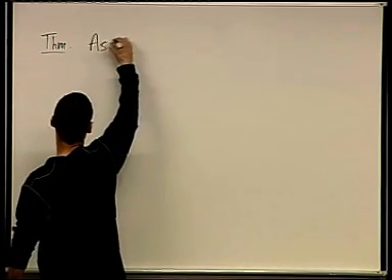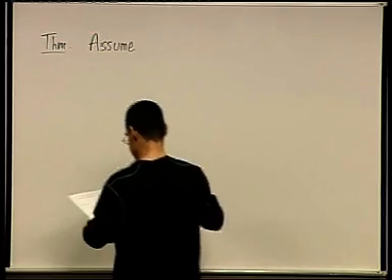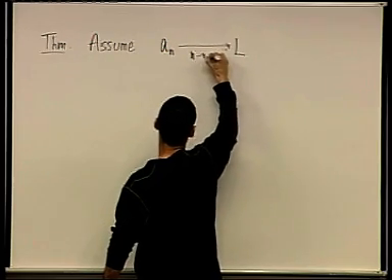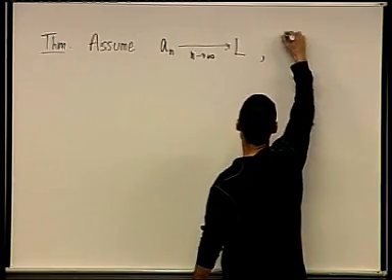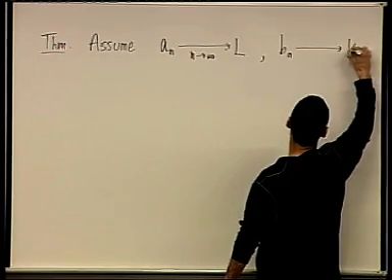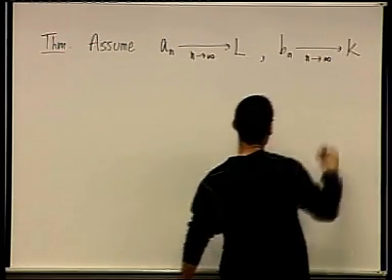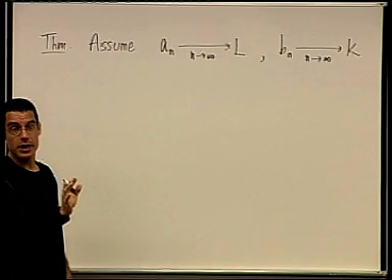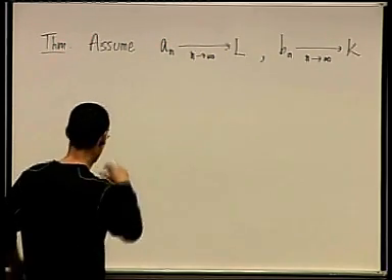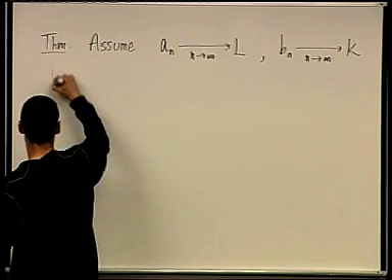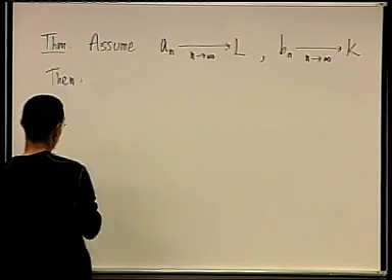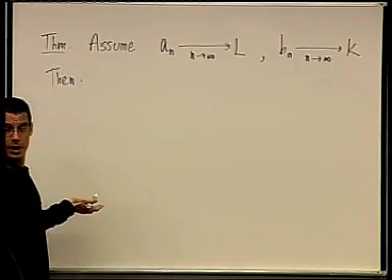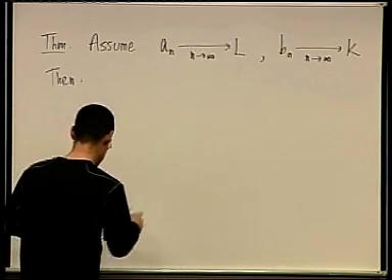Assume that we have two sequences, an which goes to L as n goes to infinity, and bn which goes to k as n goes to infinity. And again, I'm emphasizing, L and k are numbers. That's the only thing we defined so far. Okay. Then, and this is going to look very similar to the limit arithmetics theorem that we had for functions.